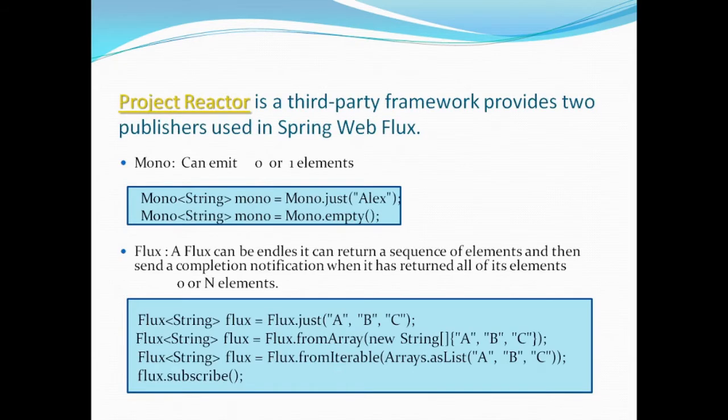Spring WebFlux provides two new publisher types, Mono and Flux, provided by Project Reactor. Mono is used to emit either 0 or 1 elements. If any RESTful endpoint method is going to return 1 or 0 elements, that object can be replaced with the Mono type. Flux is used to emit a list of elements, and it also supports streamed values.